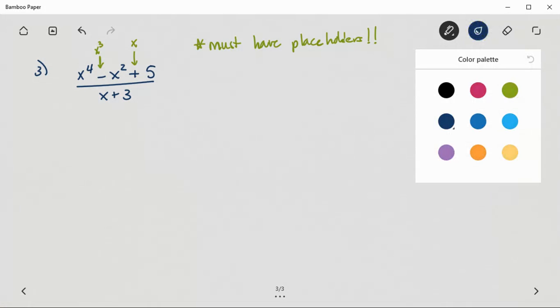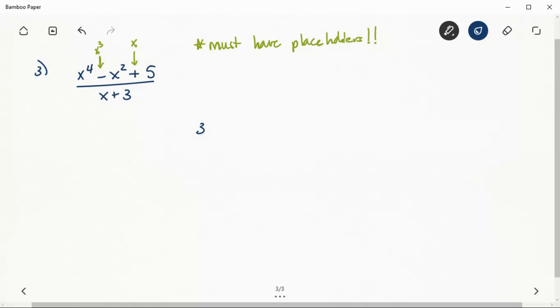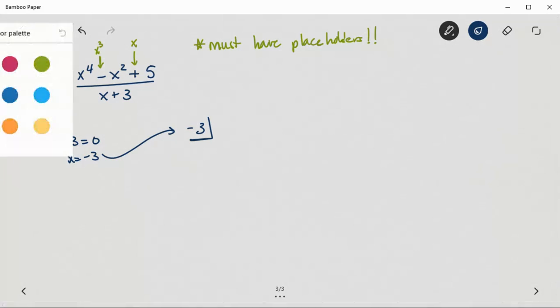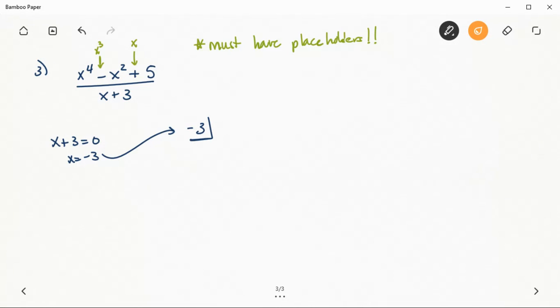Okay, so first, that number in that box is going to be a -3 this time, right? Because x plus 3 is equal to 0. So that value is going to give us a -3. Our coefficients: we have 1, but 0x cubed, a -1, a 0x, and then, of course, 5.